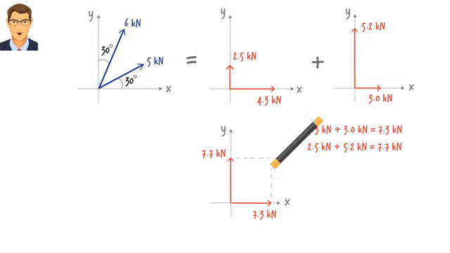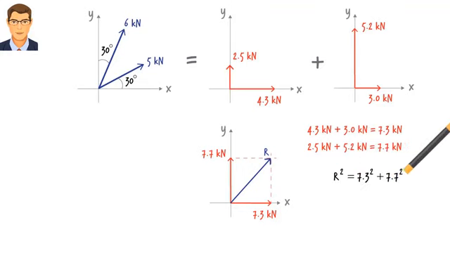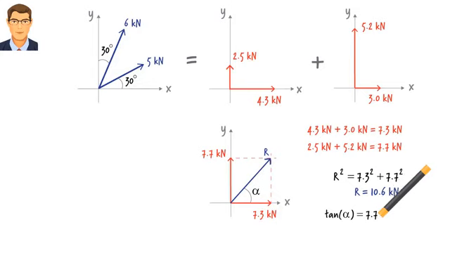We then add the two components together to get a single resultant vector. The magnitude of this vector can be determined using the Pythagorean theorem, like this. And the orientation of the vector can be determined using trigonometry, like this. Here is our resultant vector.